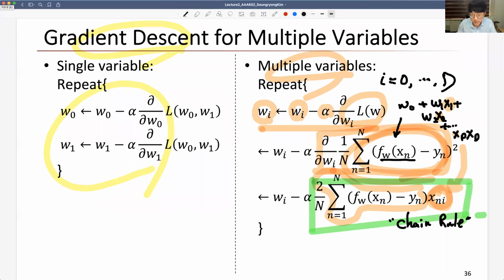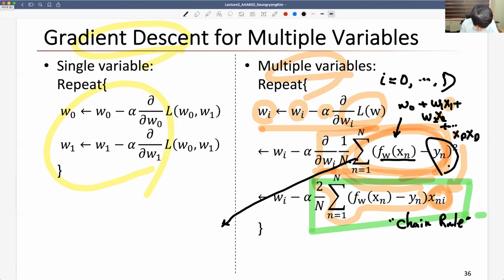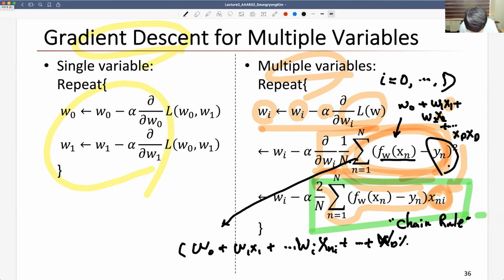Okay, so let's rewrite this part. This form will be W0 plus W1 X1 plus and so on up to Wn Xn, plus blah blah, Wi Xni, and so on, minus y, squared.